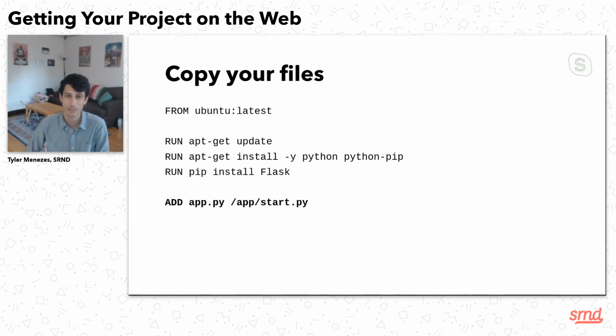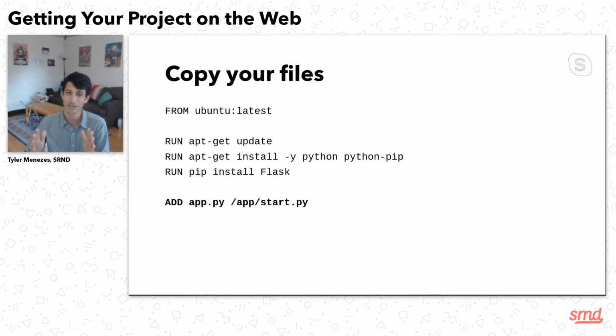So to really understand what's going on here, remember this Docker file is saved in a folder. In that same folder, we have a file called app.py. After Docker has already gone ahead and run this apt-get update, this apt-get install, and this pip install Flask, now what it's going to do is, in the same folder as that Docker file, copy the app.py into the image that we're building here, into this container.